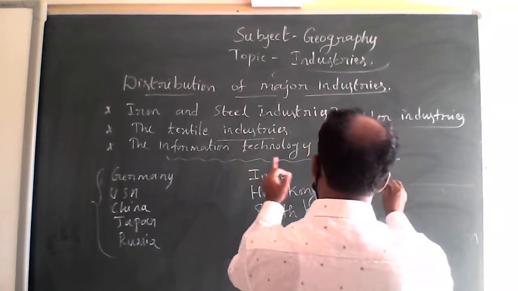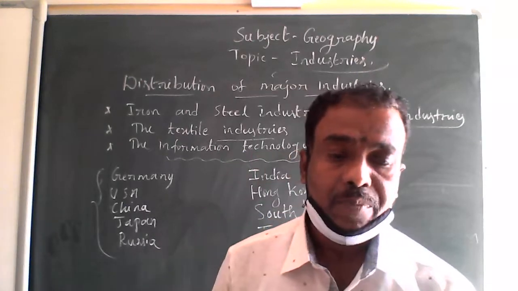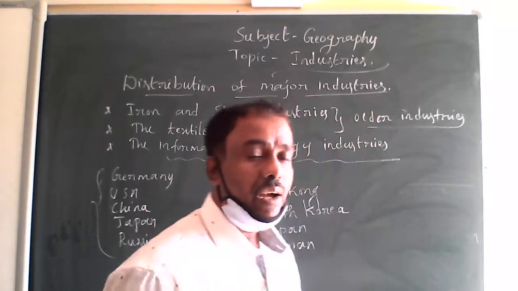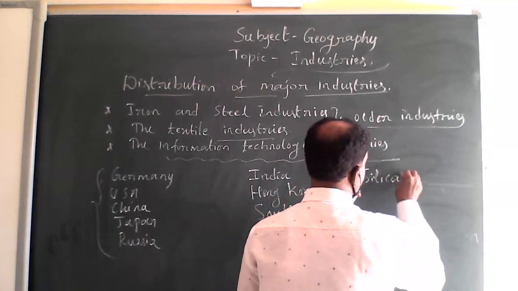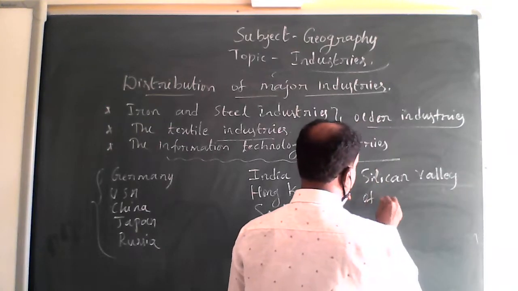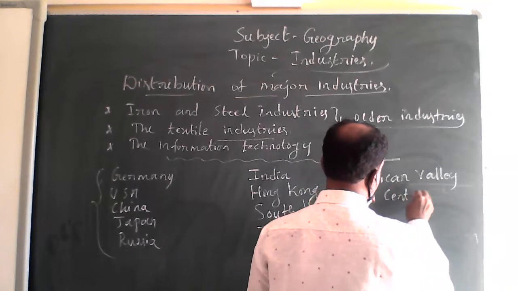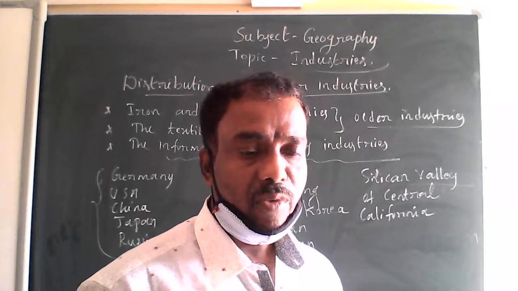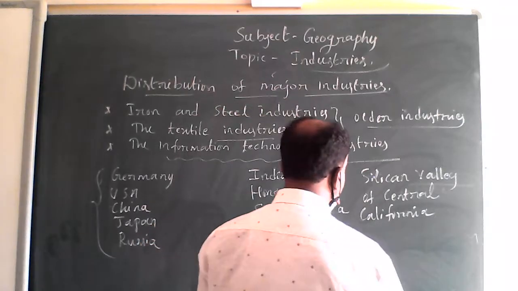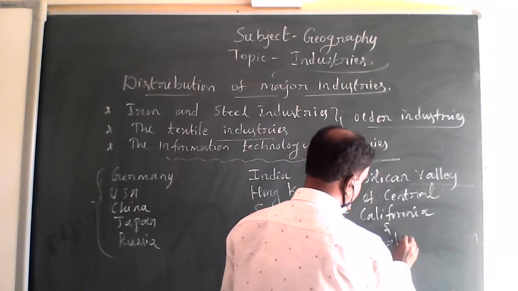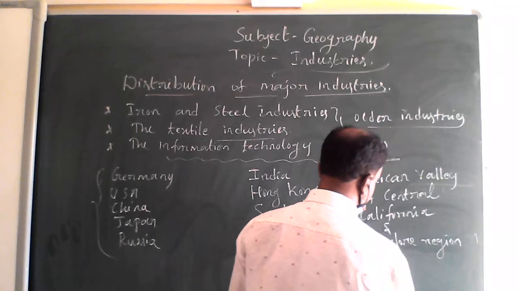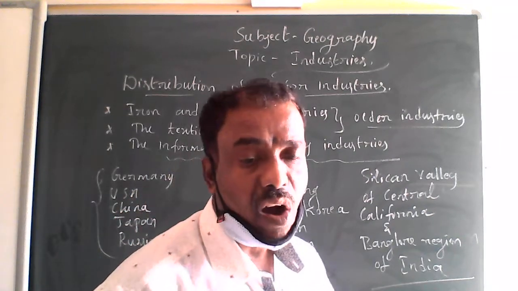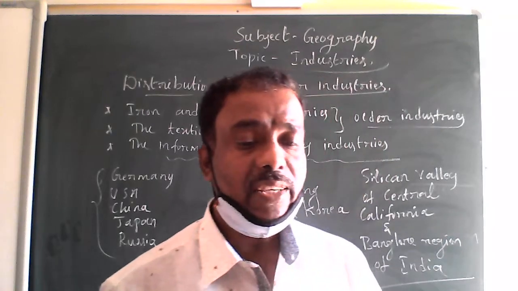These are called the major hubs of the information technology industry: Silicon Valley of Central California and the Bangalore region of India.